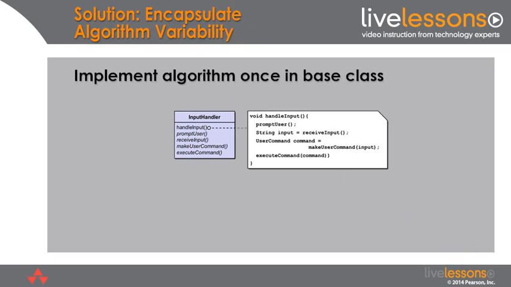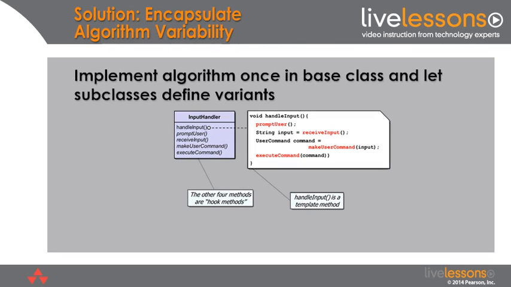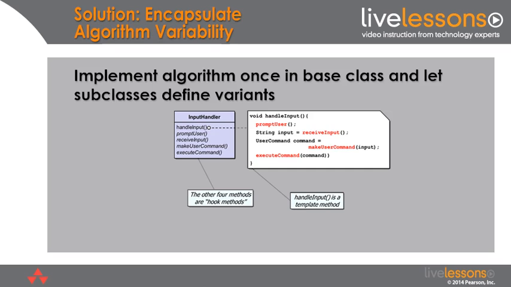So what's the solution we're going to apply? We're going to end up encapsulating algorithm variability by implementing the core algorithm once in a base class and then letting subclasses define variants of the solution. Take a look at the slide, for example. You'll see we have an input handler class that has a method called handleInput. And this method is what's known as a template method. As you can see, the template method defines a number of calls or steps to so-called hook methods.